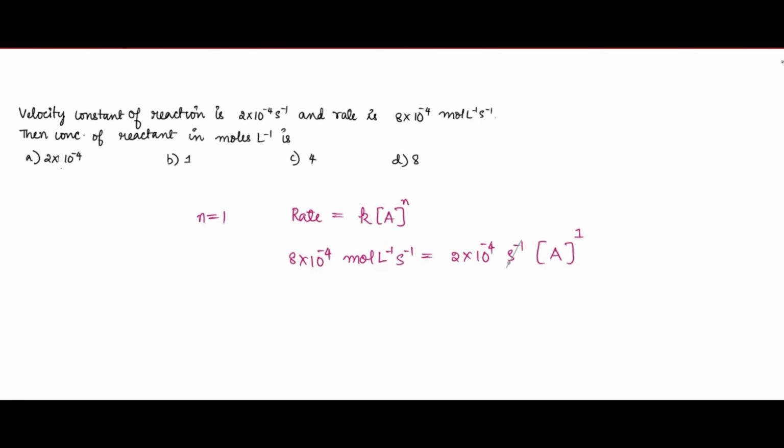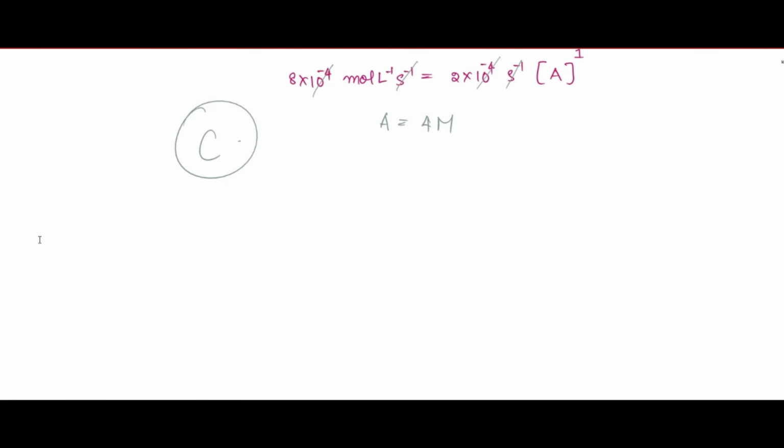Very easy. Per second cancels, 10 to the power minus 4 cancels. What remains is A equal to 4 moles per liter. Moles per liter is 4 molar. Option C. Easy. Okay. Last question.